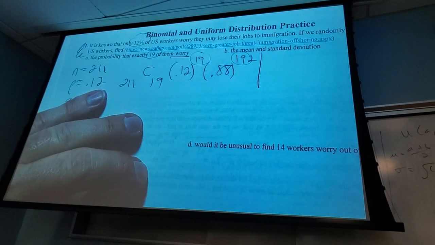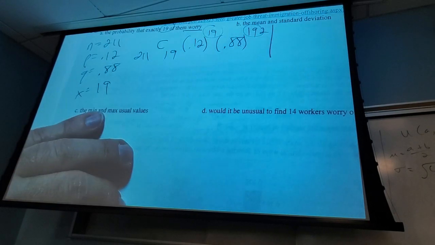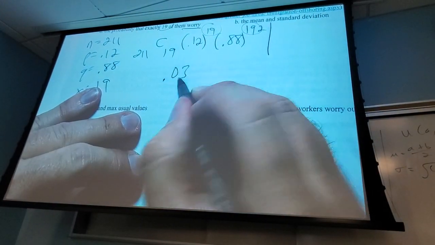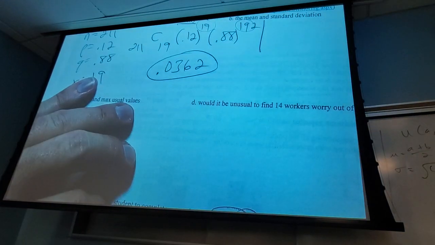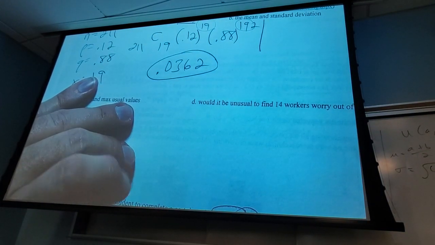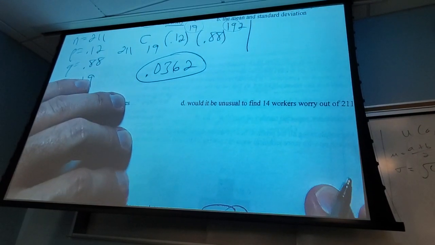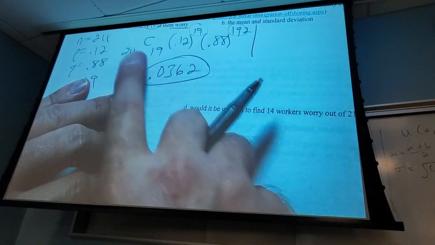Then throw that in the calculator. What do you get? 0.0362? Yeah, that sounds familiar. You can make that 3.62% if you want. So very small chance you would get exactly 19.